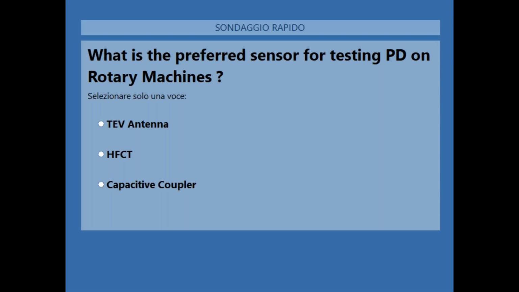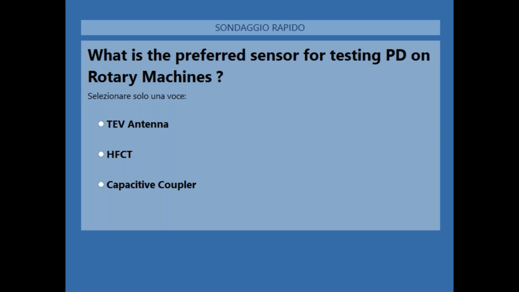I already see that 92% of you guys have given a correct answer, so I see that you understand. You can do this with any possible sensor, but one is preferred. So we have almost 50% of people voting, which is very good. I see you're attentive.